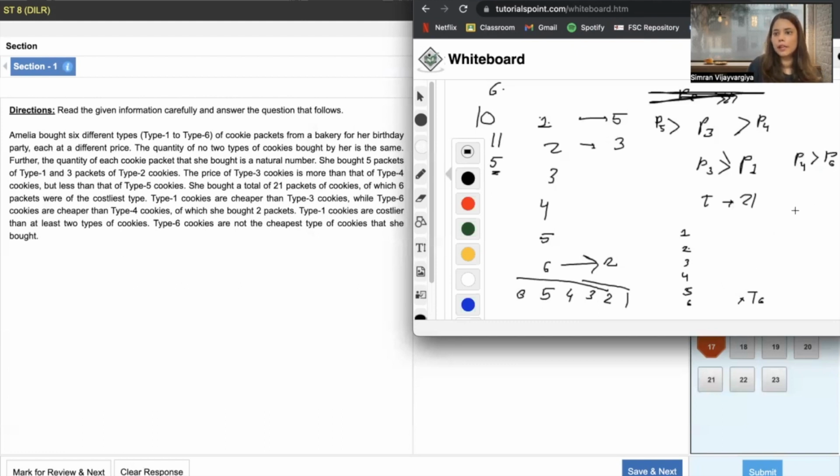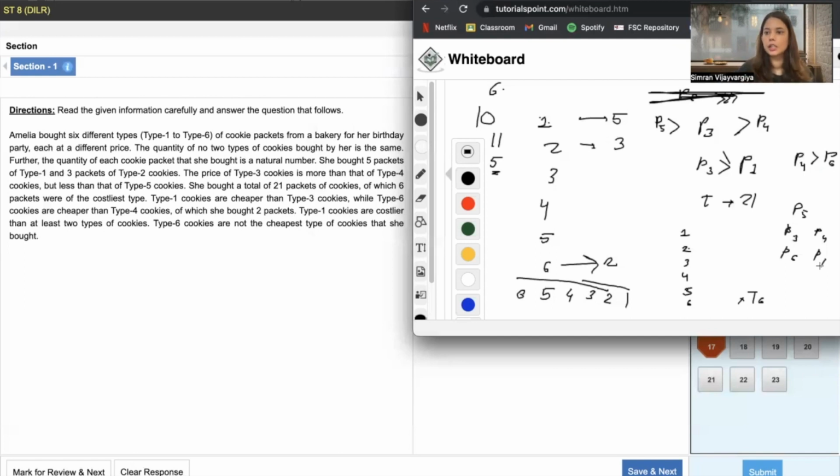So we know P5 is above P3, P4, P6, and P1. P3, 1. Okay, we don't know where P2 is yet.